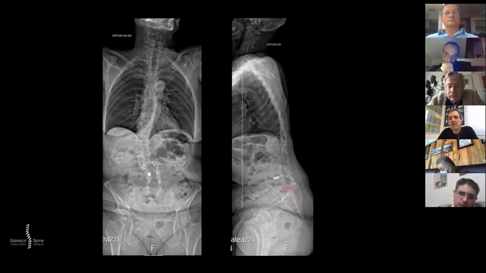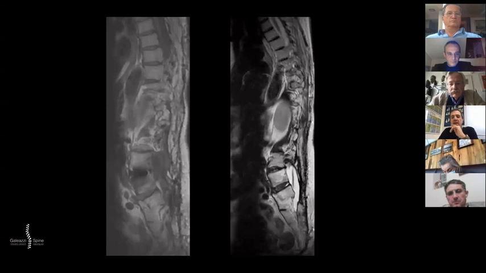This is part of L5 that has sunk into the sacrum. So this lady had almost complete bone resorption of L5 that eventually fused to the sacrum, causing a very severe kyphosis. Here you can see the remains of the L5 vertebra sunk into the sacrum.